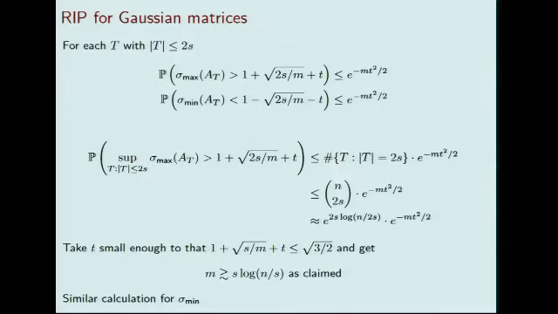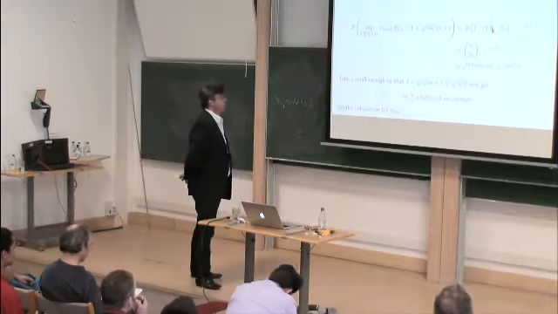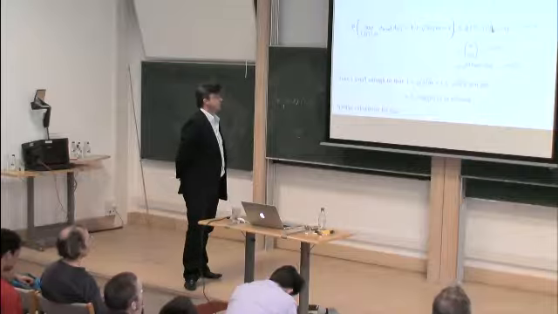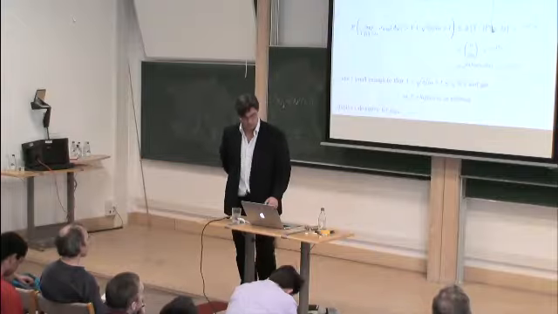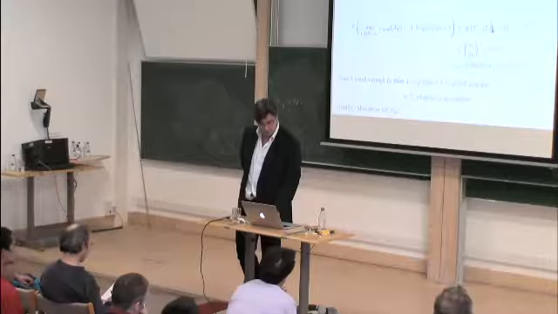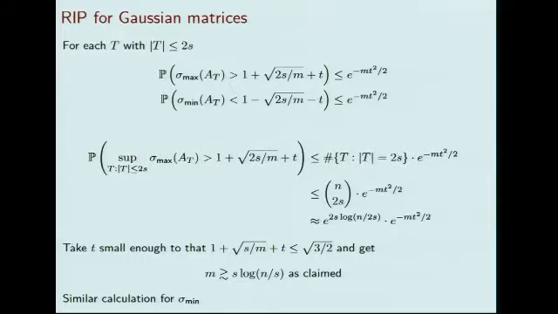And what that means is I need to take m which is essentially s log n over s, as we claim. And there is, of course, a similar calculation for sigma min, which is exactly the same, and therefore I won't do it. All right, so for Gaussian matrices, we know that we have the restricted isometry property as soon as the number of samples is of size s log n over s.